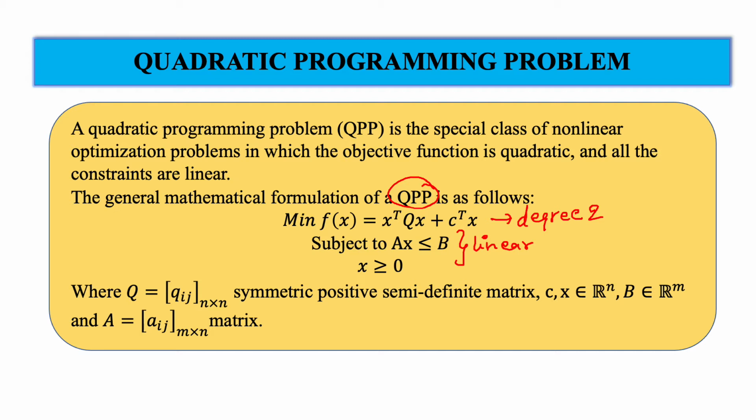So the general form of QPP is minimization of f(x) equals x transpose Q x plus c transpose x, subject to Ax less than or equal to b, where all x are greater than or equal to 0. Here Q is a matrix of order n by n, a symmetric positive semi-definite matrix, c and x belong to R^n, b belongs to R^m, and A is an m by n matrix with entries a_ij.